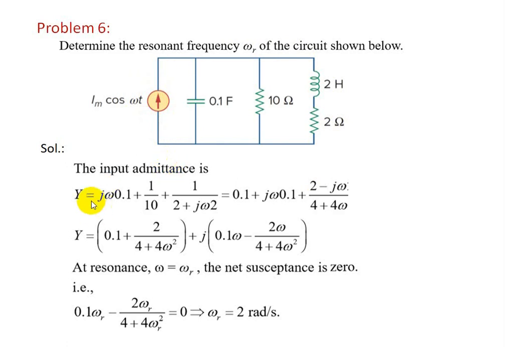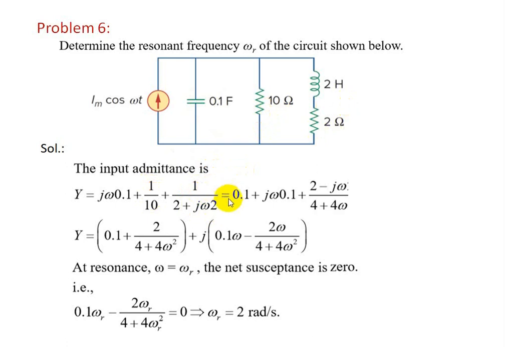The total admittance will be equal to 1 over the reactance of the capacitor branch, 1 over the resistance, then 1 over the impedance of the last branch. That is 1 by j 0.1 omega for this branch, 1 by 10 for this branch, and 1 by 2 plus j2 omega for this branch.